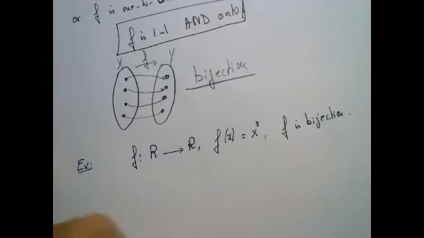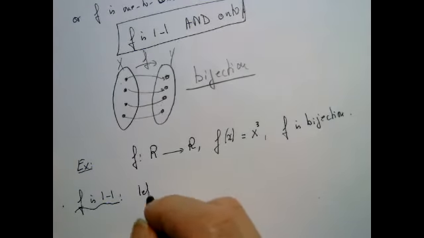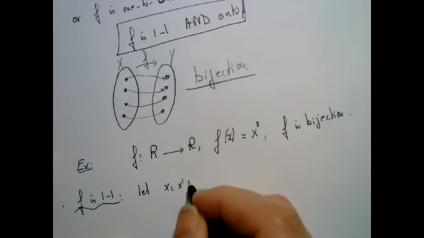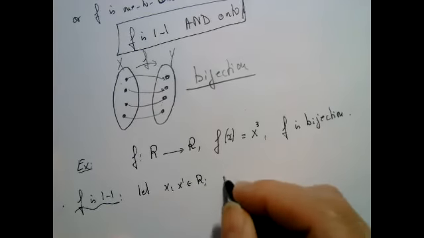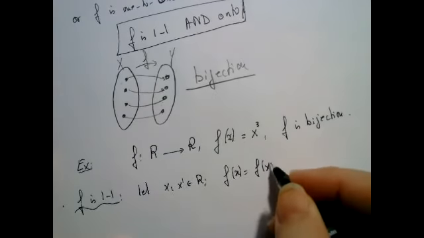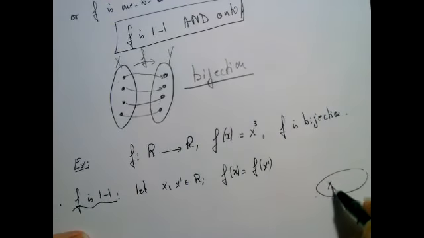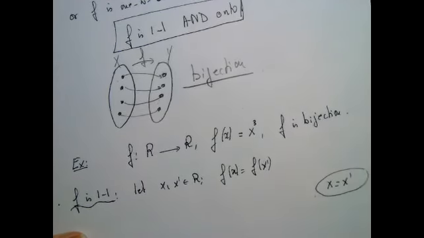First, f is one-to-one. Why is f one-to-one? I pick two elements in the domain such that f of x equals f of x prime. So if I take two elements that have the same output, I want to convince you, which is simple in this case, that the input has to be the same.